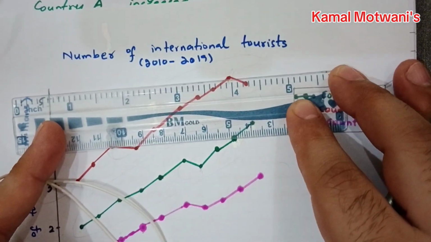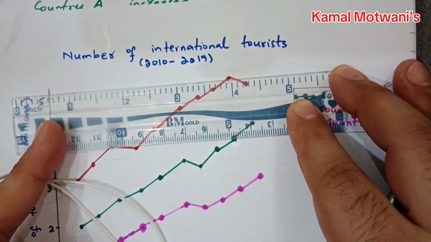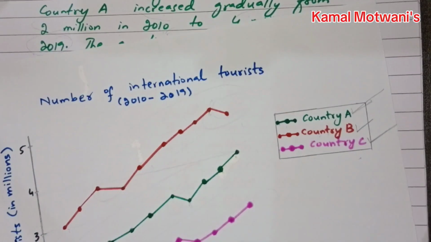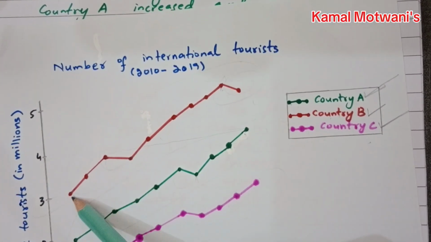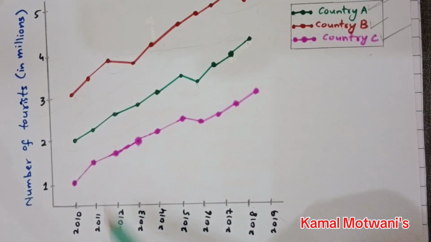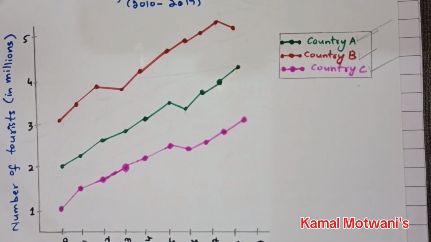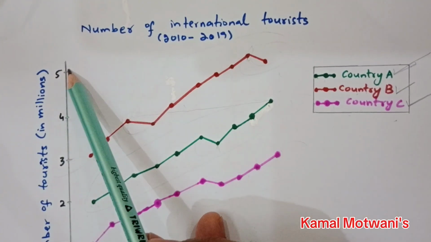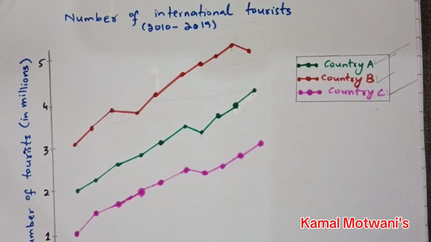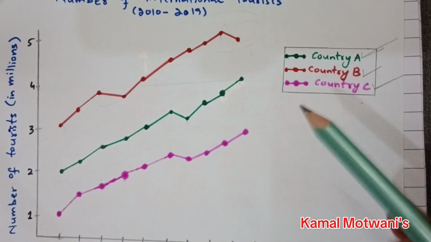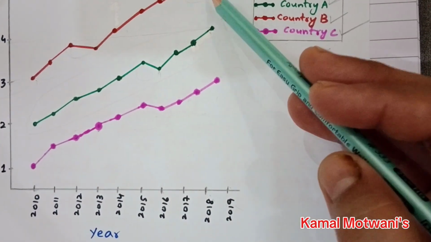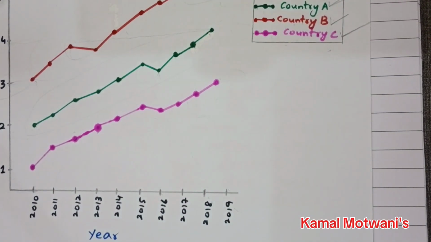Can you see? So it started from 3 million in 2010, then it reached its peak in 2018, which was around 5.2. Then it witnessed a fluctuation in 2019, and it reached a bit below 5.